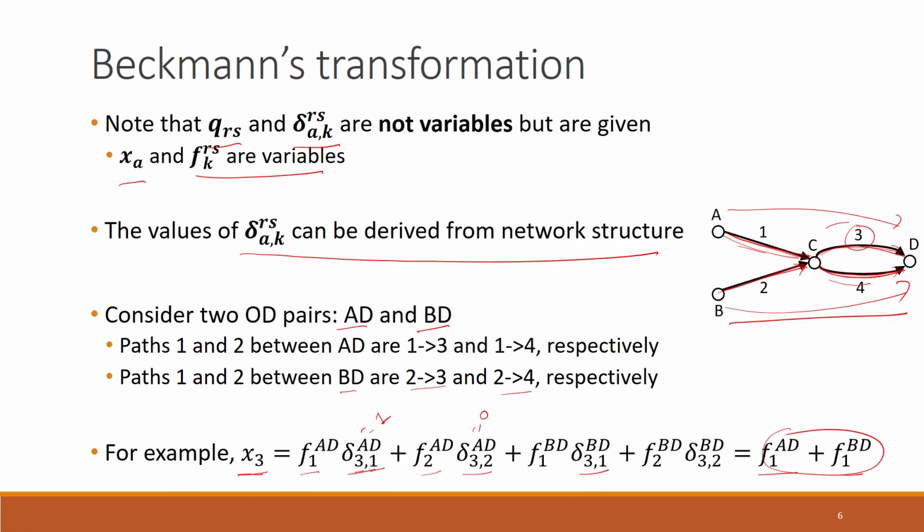Similarly, we have this third term which is F1 BD, the flow through the first path connecting B to D, times delta 31 BD. Okay. Since this link 3 is part of the first path connecting B to D, this is equal to 1, and then we have this last term which is the flow through the second path connecting B to D times delta 32 BD. Now since link 3 is not part of the second path connecting B to D, this delta is equal to 0. Okay. So therefore we get this whole summation equal to this here. Okay.